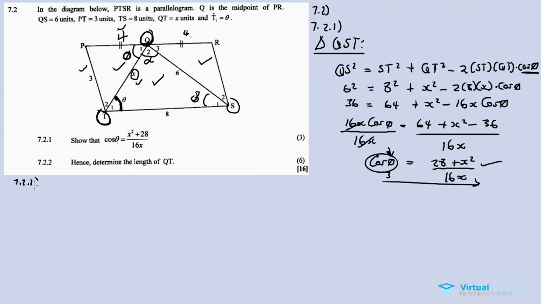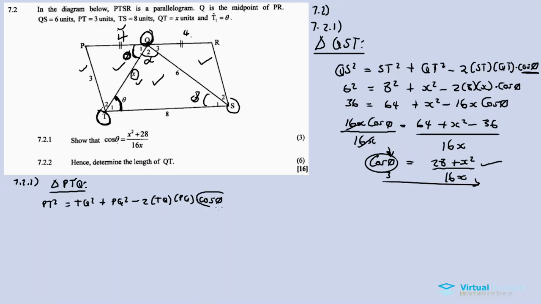7.2.2, we are looking at triangle PTQ. Since we have cos theta here, theta's opposite side is PT, so PT squared equals TQ squared plus PQ squared minus 2 times TQ times PQ times cos theta.